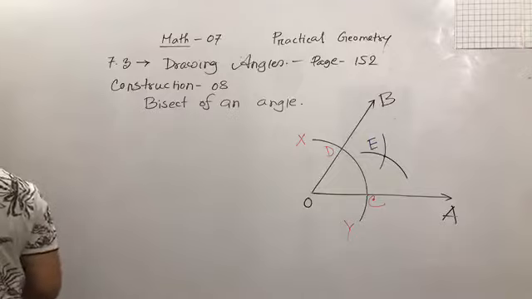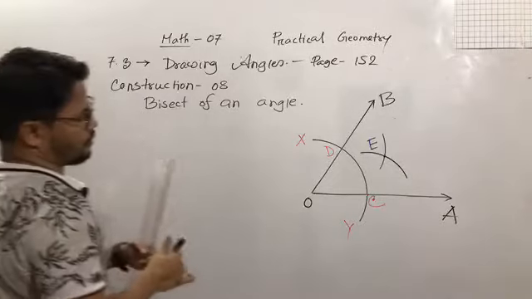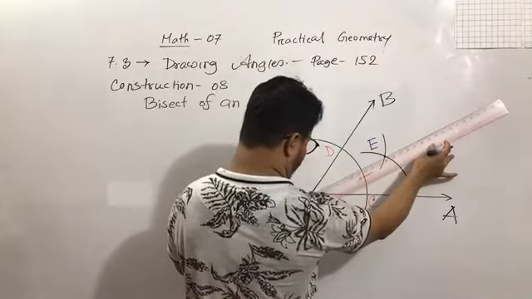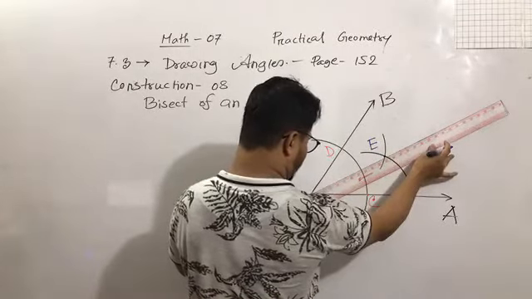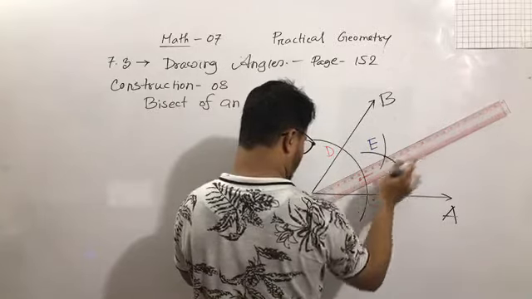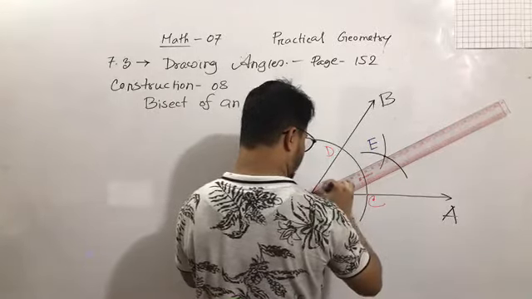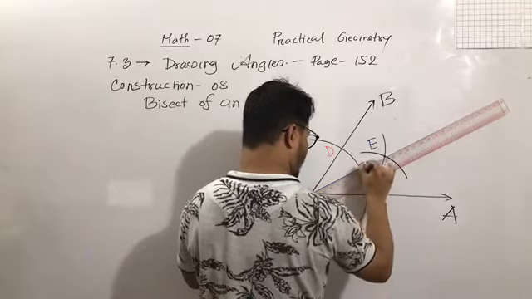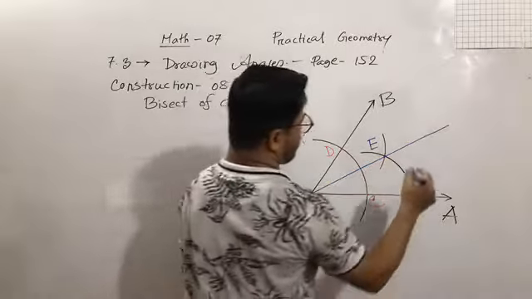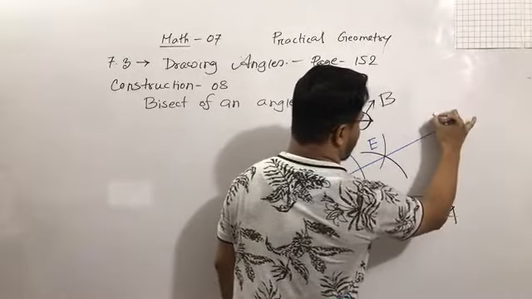Now draw a ray from O through the point E, which is OM.